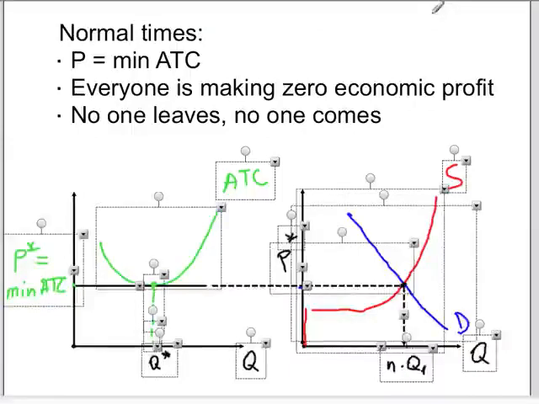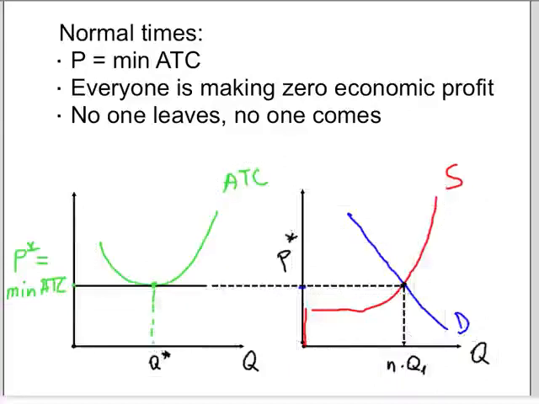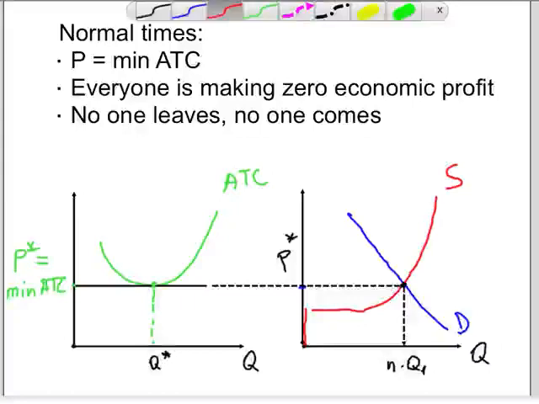So let's look at three possibilities: normal times, good times, and bad times. That will describe what will happen in the long run. So normal times, it's a situation where we expect the industry to be in the long run, unless there are some disturbances.